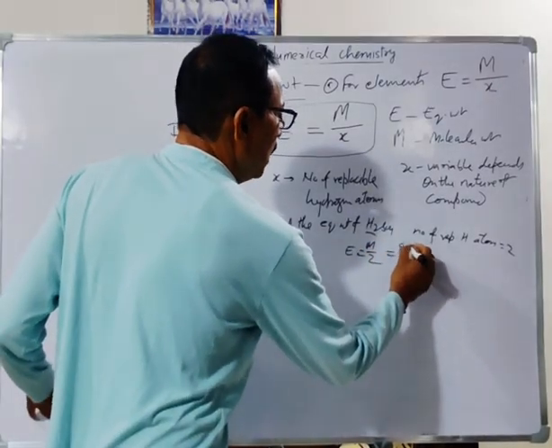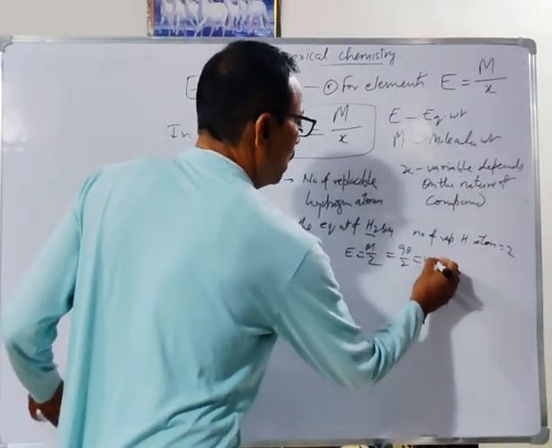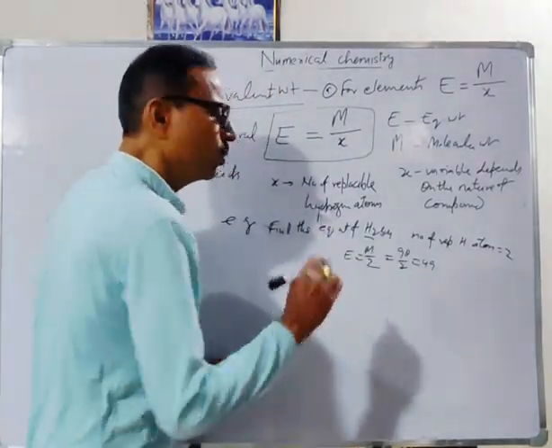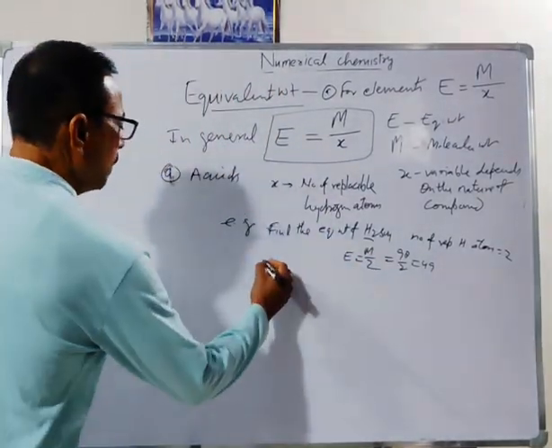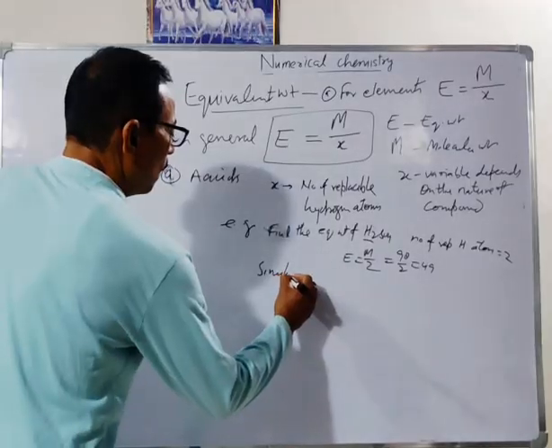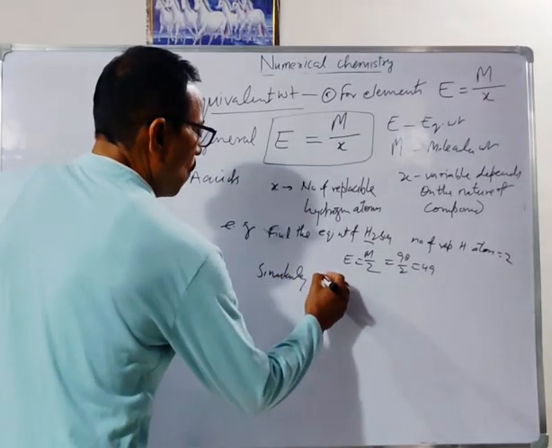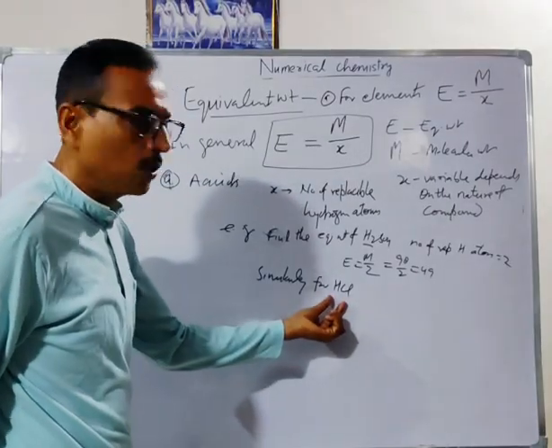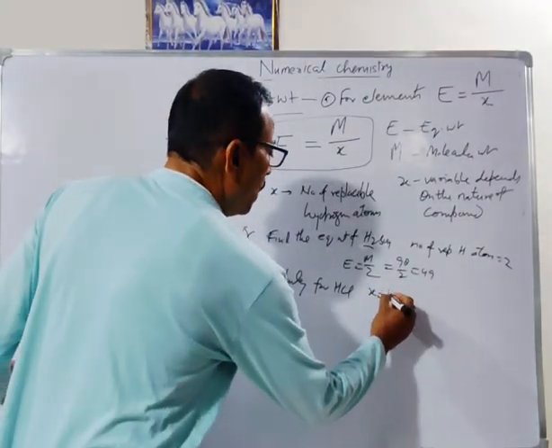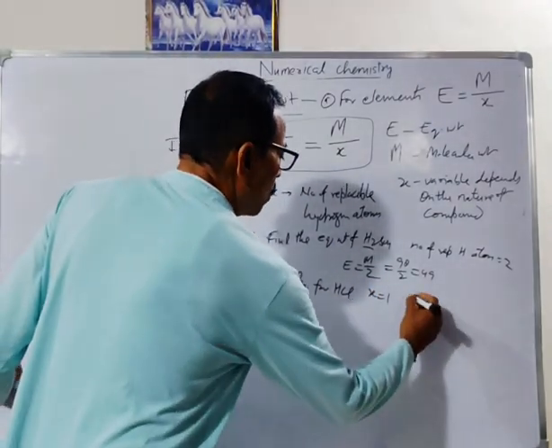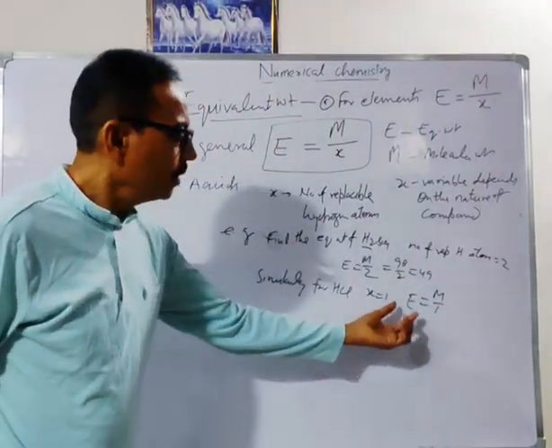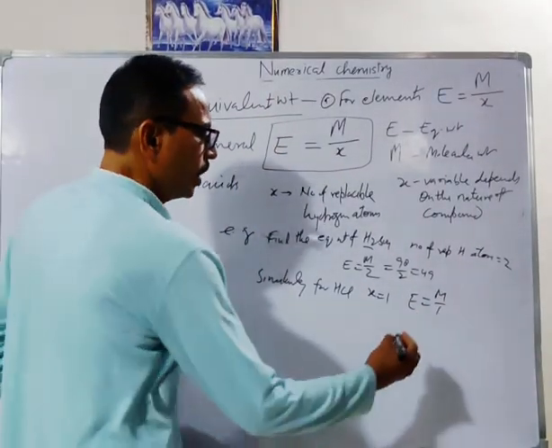Molecular weight is 98 by 2, that is 49. You just understood M by 2. Similarly, for HCl, the number of replaceable hydrogen is 1, so X value is 1. So E equals M by 1, which means it is the same as the molecular weight.